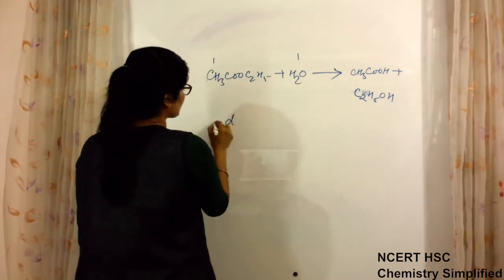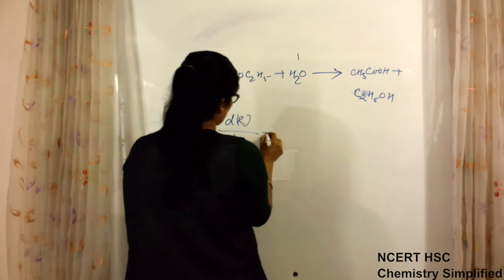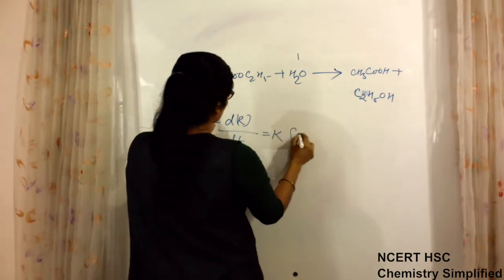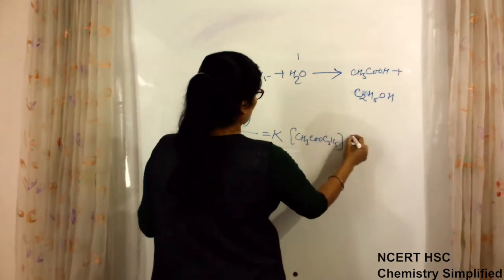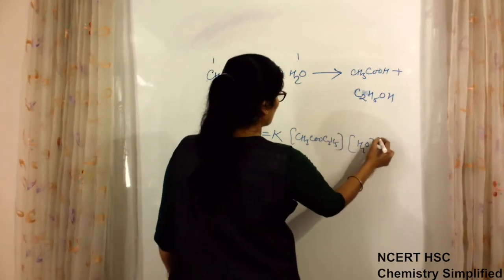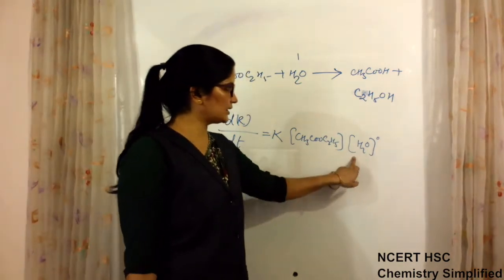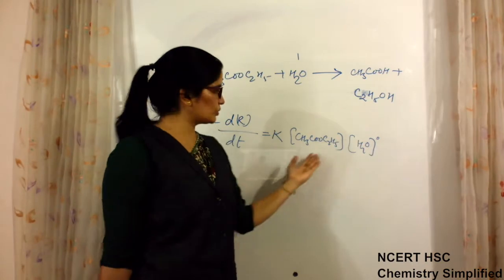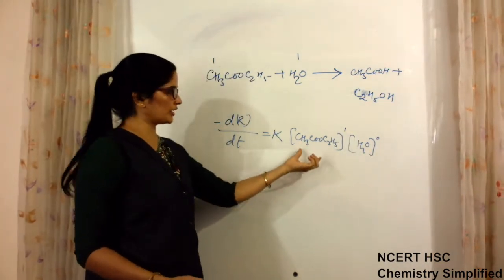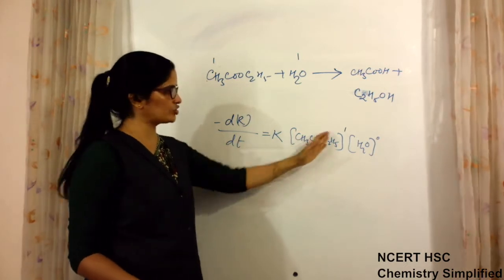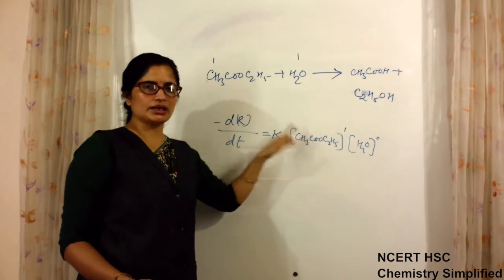But when the rate expression dr upon dt is written for it, it is written as K, CH3COOC2H5, H2O raised to power 0. Now what does it mean? That H2O is raised to power 0, and this is power 1. It means if you double the concentration of this, the rate of reaction will also get doubled, raised to power 1. Square means if you double this, it becomes 4 times.